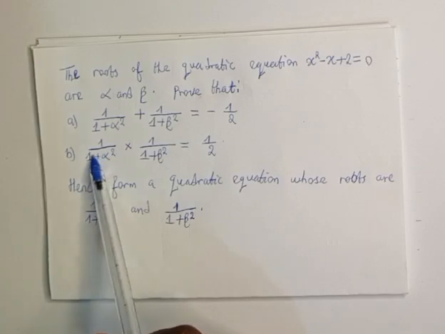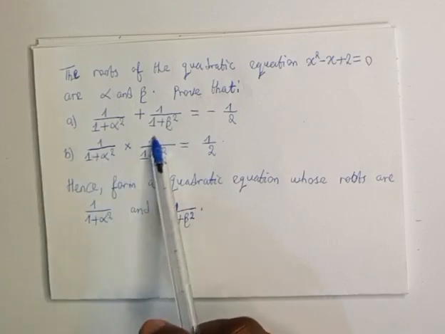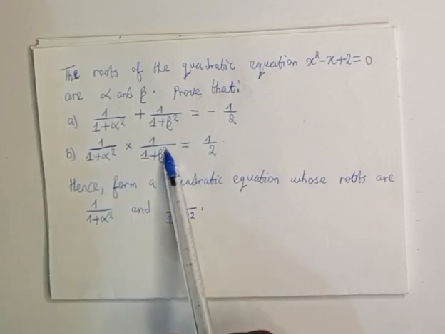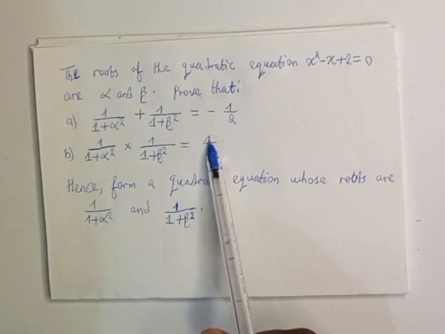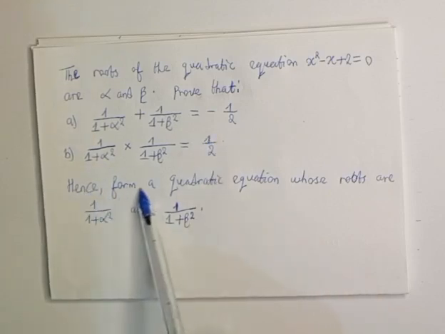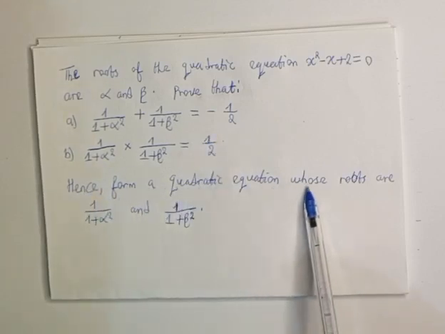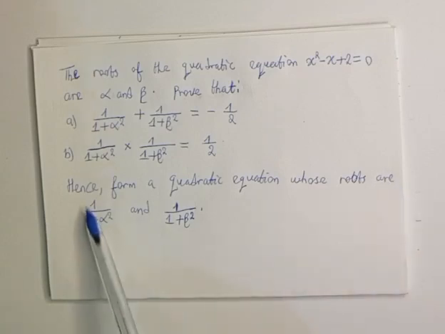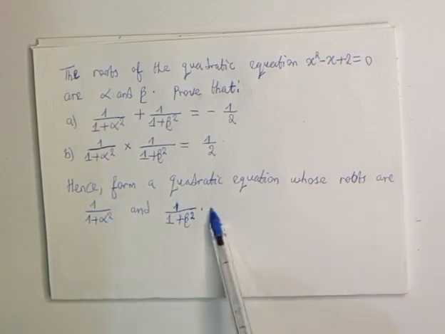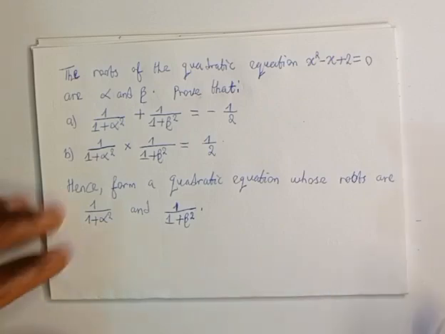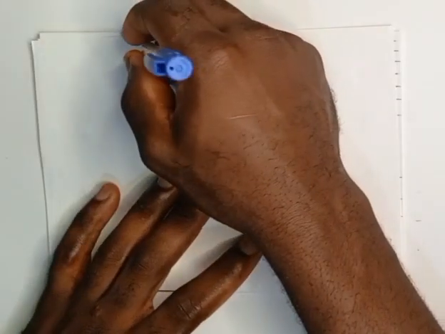B, 1 over 1 plus alpha squared times 1 over 1 plus beta squared is equal to a half. Hence, form a quadratic equation whose roots are 1 over 1 plus alpha squared and 1 over 1 plus beta squared. Take solution.